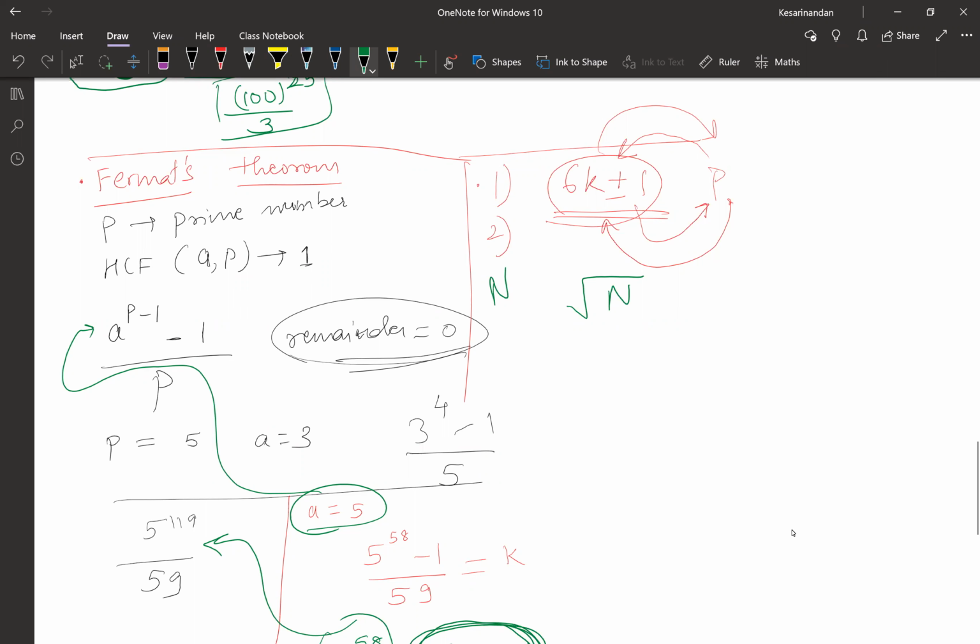So what you do is try dividing it by all the numbers below that number. Try dividing it from 1 till 7. If it is divisible by any one, this is not a prime number, it is composite. These are your two tricks on how to determine whether any number is prime or not.